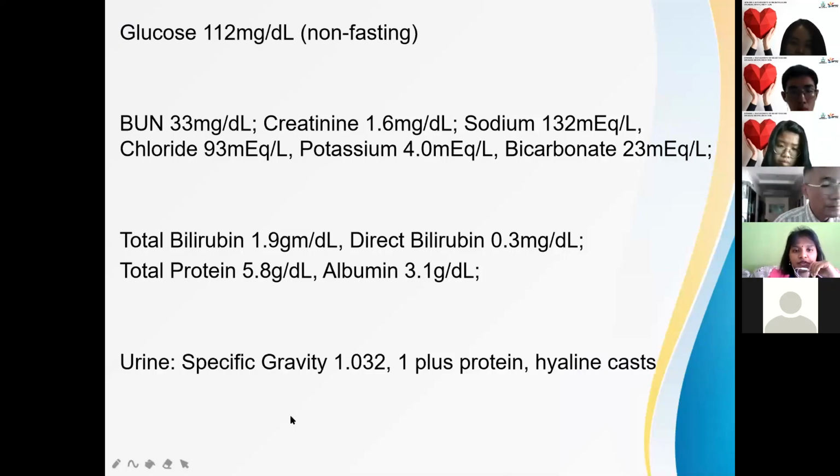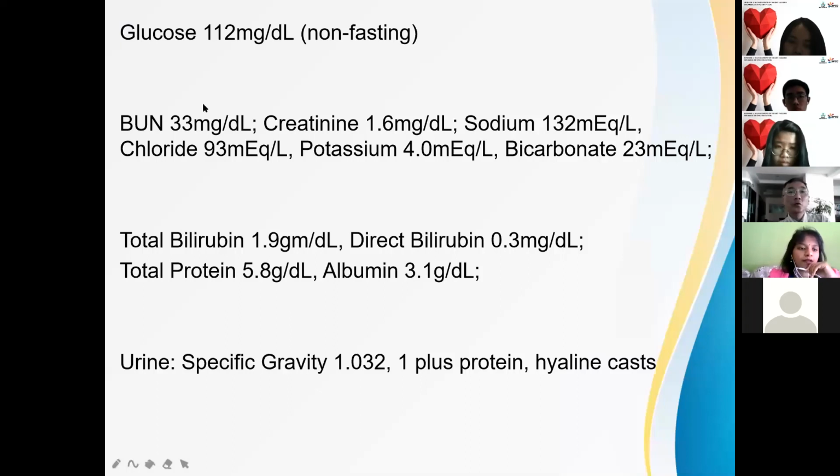Potassium 4 milliequivalents per liter. Bicarbonate 23 milliequivalents per liter. Total bilirubin 1.9 milligrams per deciliter. Direct bilirubin 0.3 milligrams per deciliter. Total protein 5.8 grams per deciliter. Albumin 3.1 grams per deciliter. Urine specific gravity 1.032. 1 plus protein and hyaline casts present.